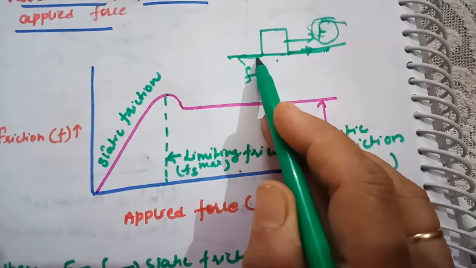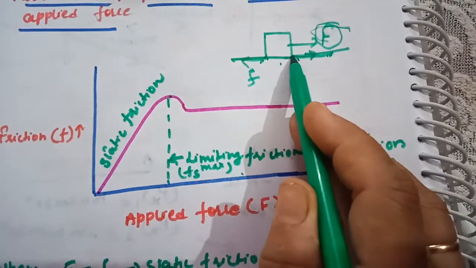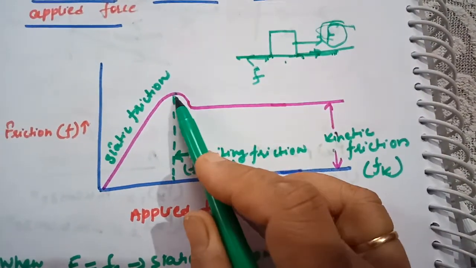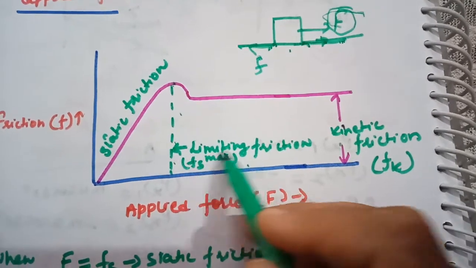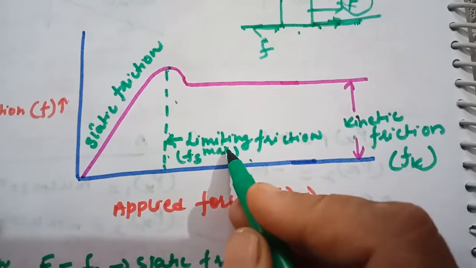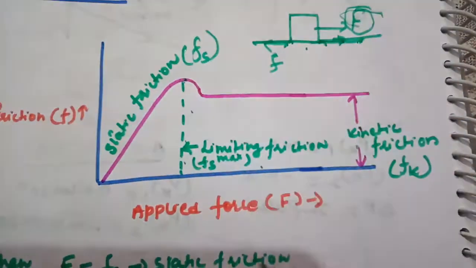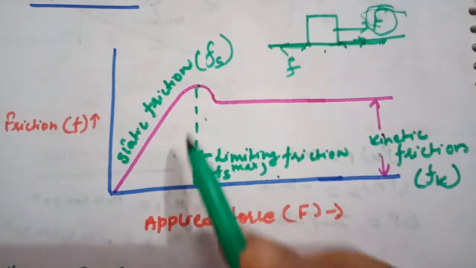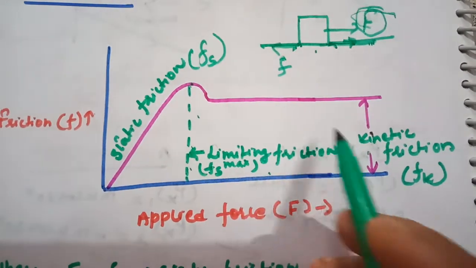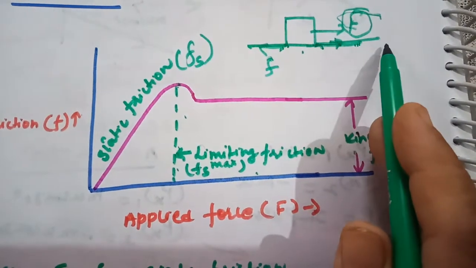The force of friction at which the body just begins to slide under the effect of applied force, that maximum value of static friction, is known as limiting friction, denoted by Fs max. What is the meaning of Fs max? This is the maximum static friction, and static friction is denoted by Fs. So the maximum value of static friction is known as the limiting friction, and at this value of friction the body just begins to slide on the other surface.